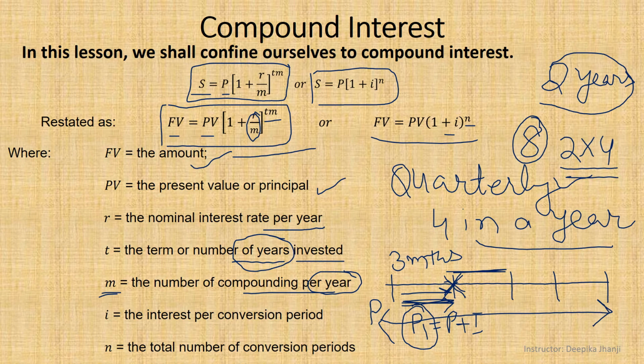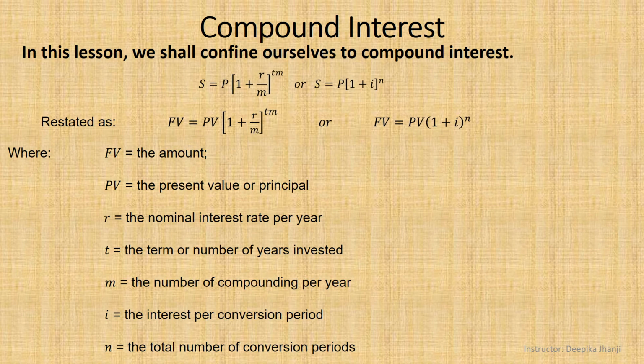Next is I. I is the interest per conversion period. Per conversion period means if we consider this case, I is the interest per quarter. Next, N. N is the total number of conversions. Total number of conversions means, let's say interest is compounded quarterly.